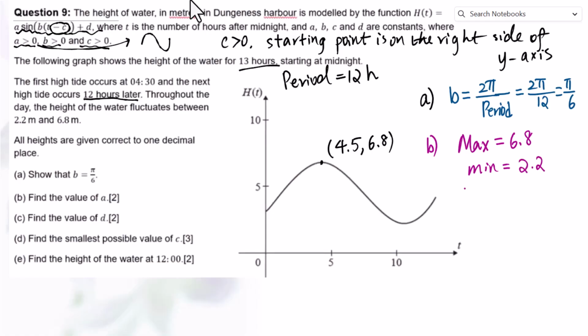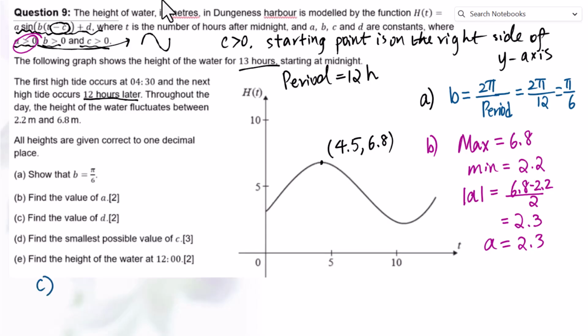So amplitude equals maximum minus minimum over 2, 6.8 minus 2.2 over 2. We got 2.3. We are given this A is positive, so A equals 2.3. Let's go to C.